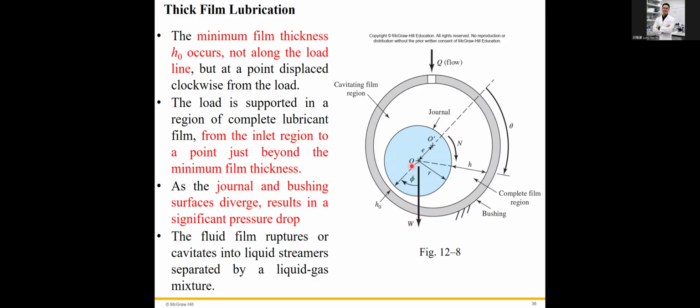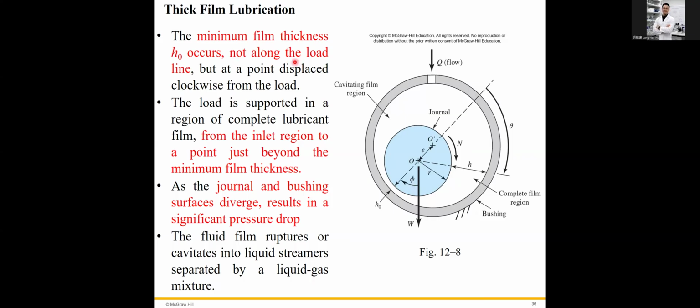From the theory, from our common sense, we'd feel the minimum film should be along the load side, because the load direction is downward. So obviously, from our common sense, this minimum gap should be along the load line. However, it's not.